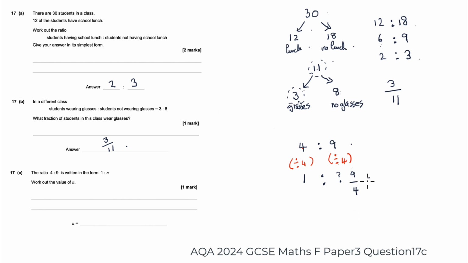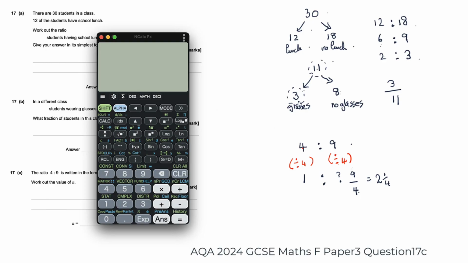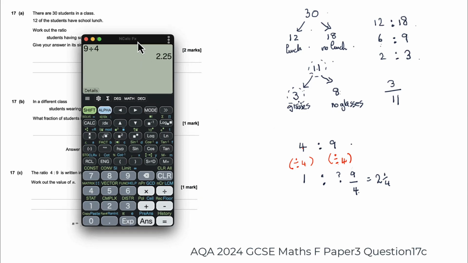Now 4 goes into 9 twice. That's 8 with one of these quarters left over. So it's either 2 1/4 if you do it on your calculator, 9 divided by 4, that gives us 2.25.